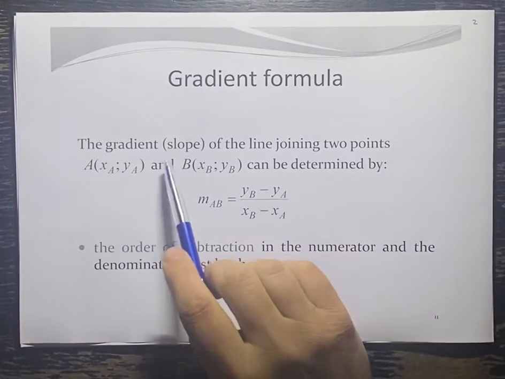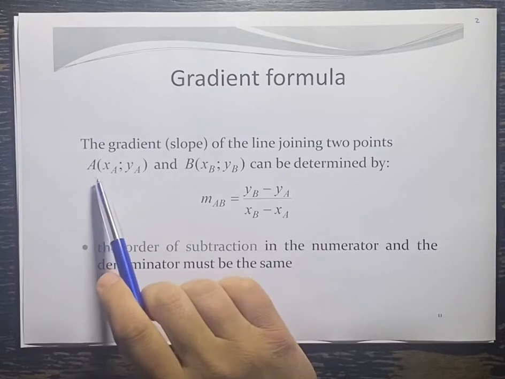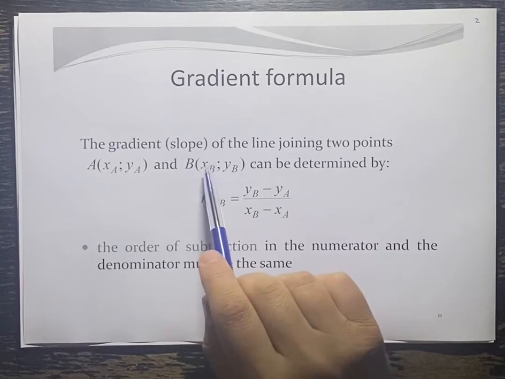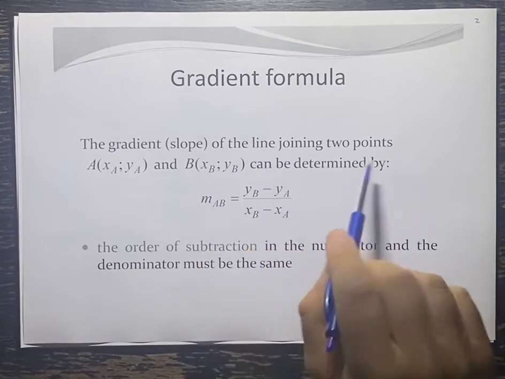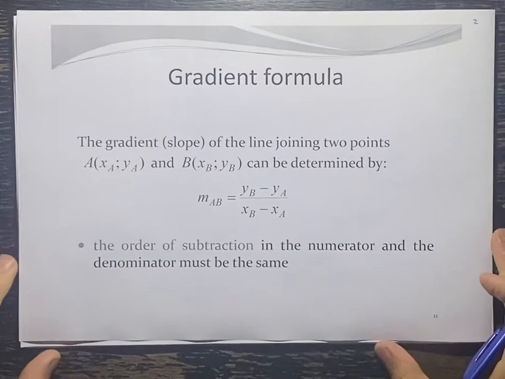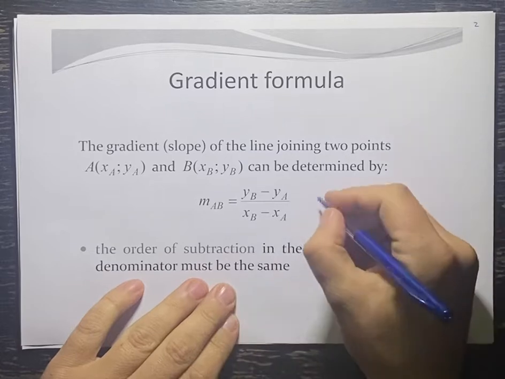So the gradient of the line joining 2 points, where we have point A with an X value and a Y value, and point B with an X value and a Y value, can be determined by this formula here. Now, I want you guys to write down another one for me. It's exactly the same, it's just simplified.